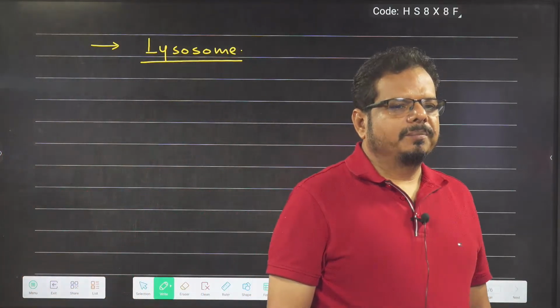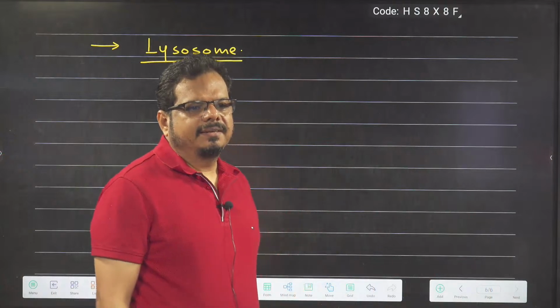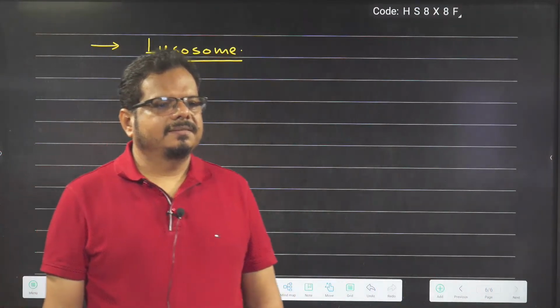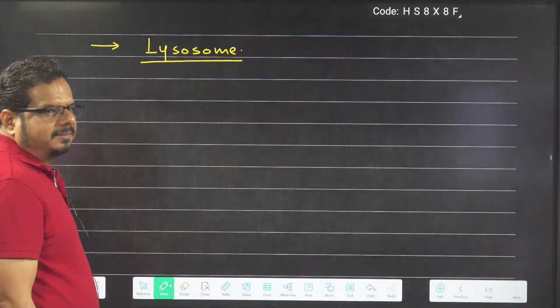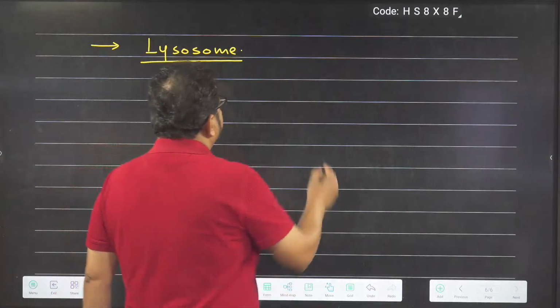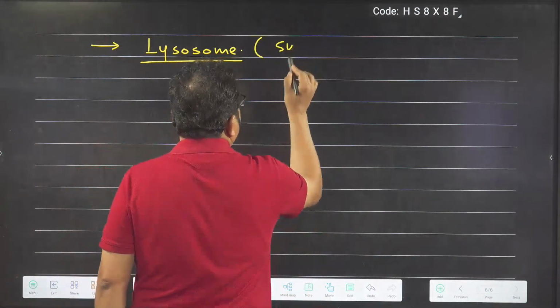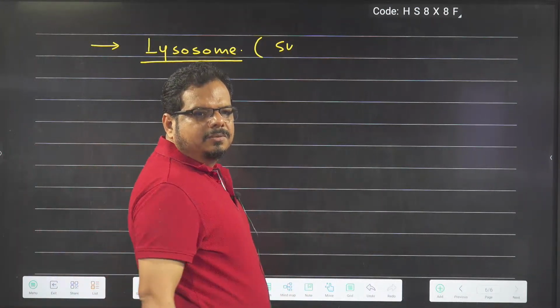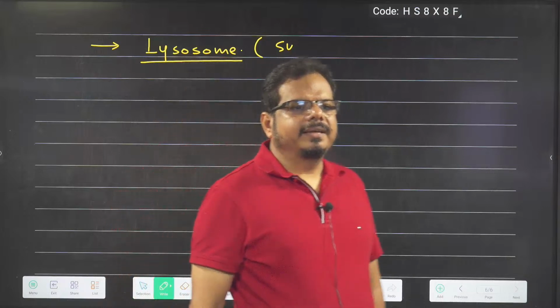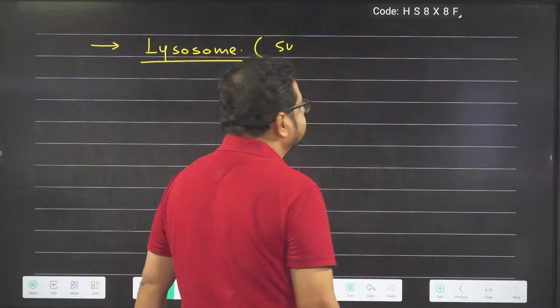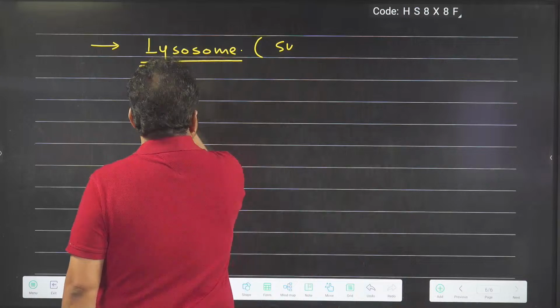Up to Golgi complex we have discussed in the last class. It is also called what? It is also called suicidal bag. Got the idea? Right, lysosome.